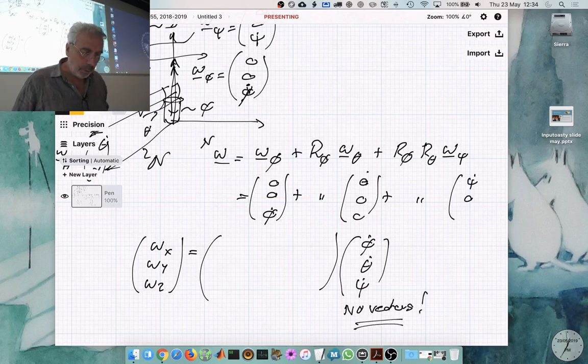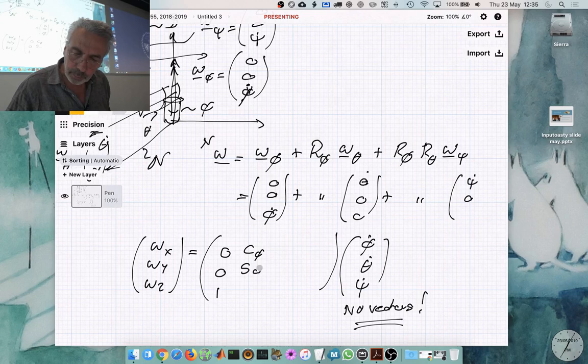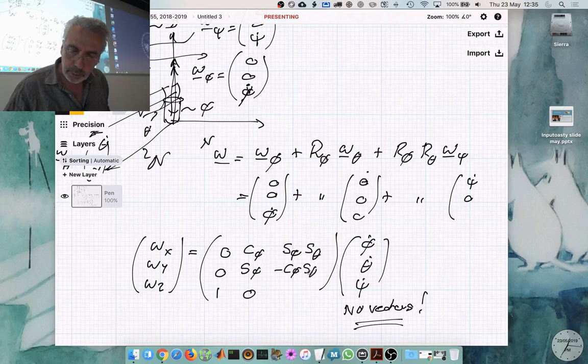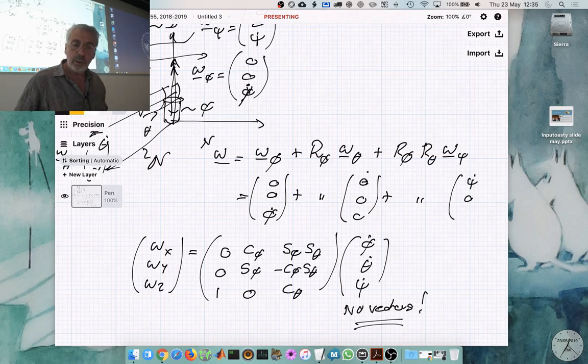But what are the entries? 0, 0, 1, cosine phi, sine phi, 0, and then sine phi sine theta, minus cosine phi sine theta, and my guess is cosine theta. Yeah, and that's it.